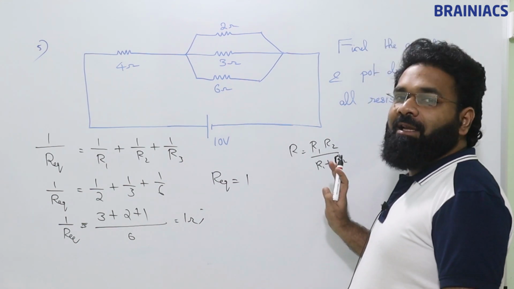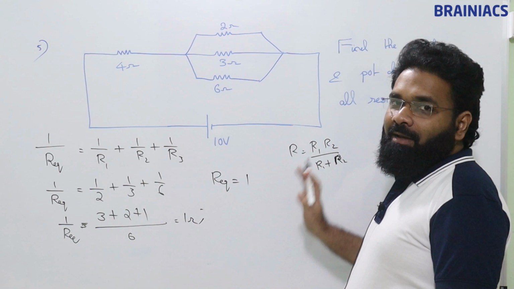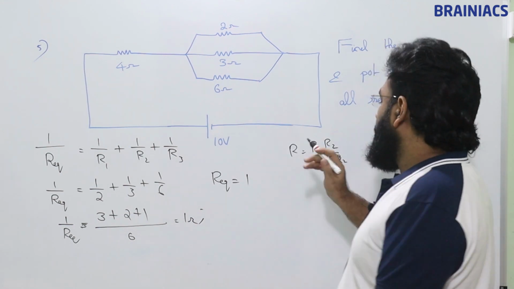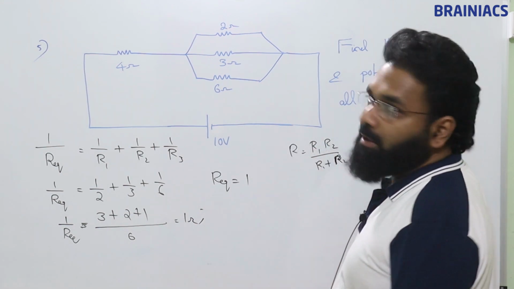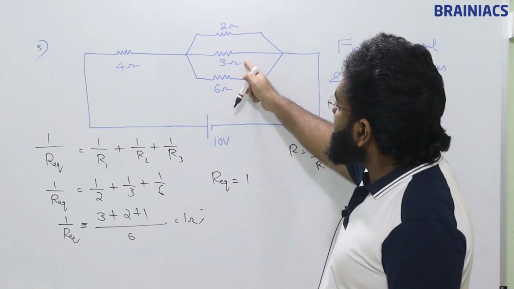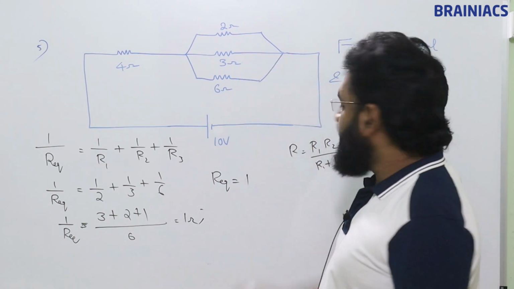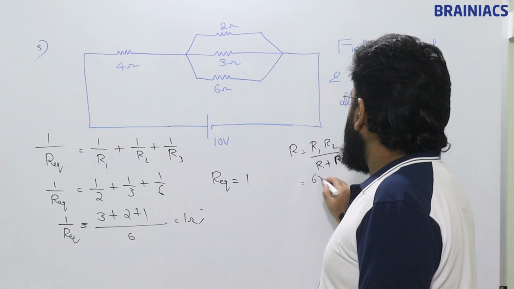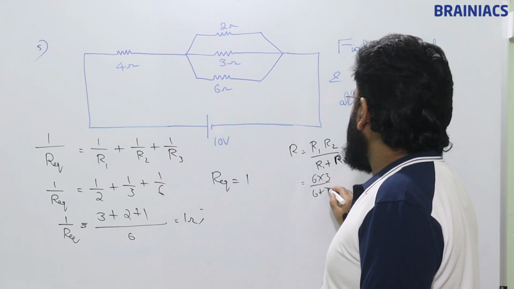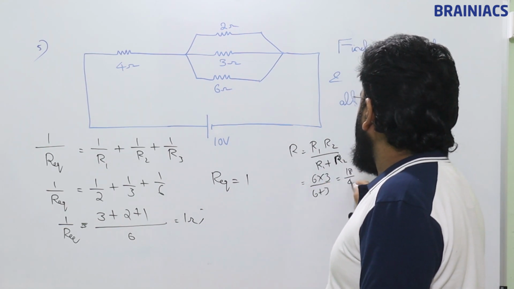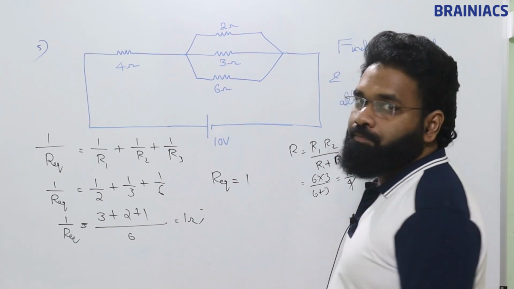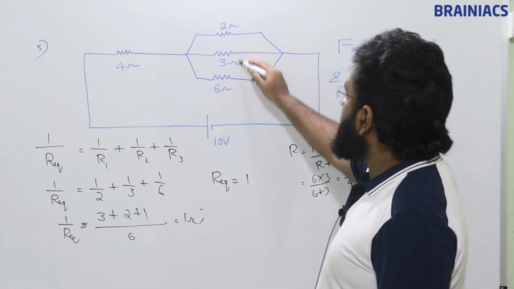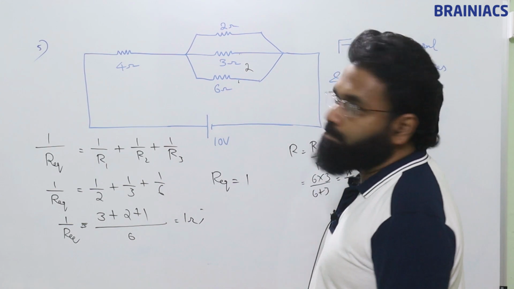Just for your understanding I am writing; otherwise you need not use it. Now take 6 and 3. 6 into 3 by 6 plus 3 is 18 divided by 9, you will be getting 2. So this combination is nothing but 2.